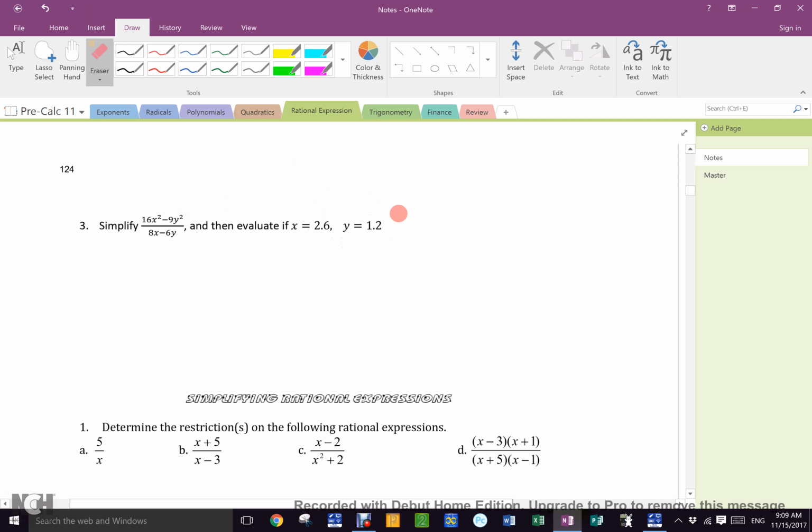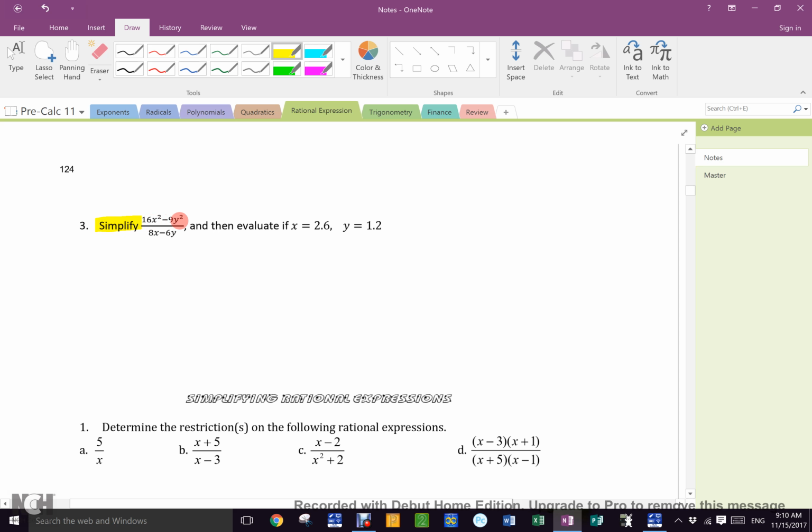Now that's going to give you a decimal squared times 16, and then another decimal squared times 9. Then you're going to have to subtract it. Then you're going to have to multiply 8 by that decimal, then 6 by that decimal. Then you're going to have to divide it. Does that sound like something you want to do? No. Which is why we always start with that instruction.